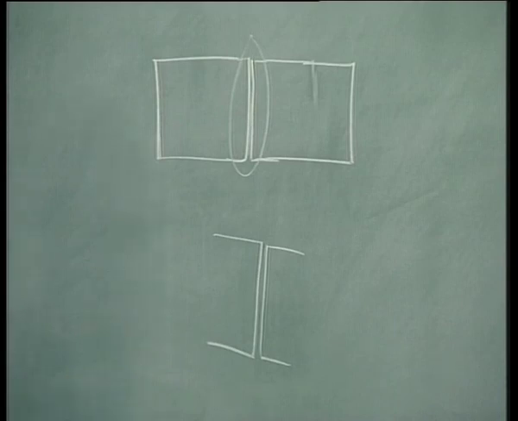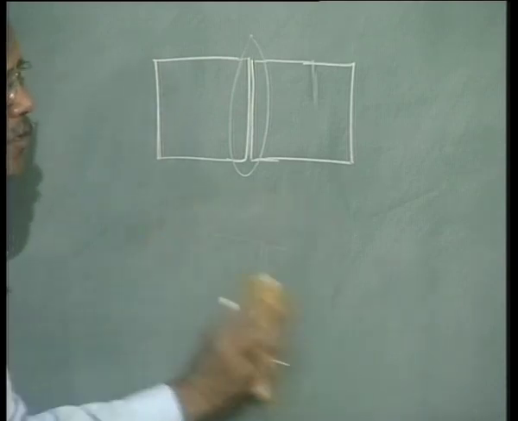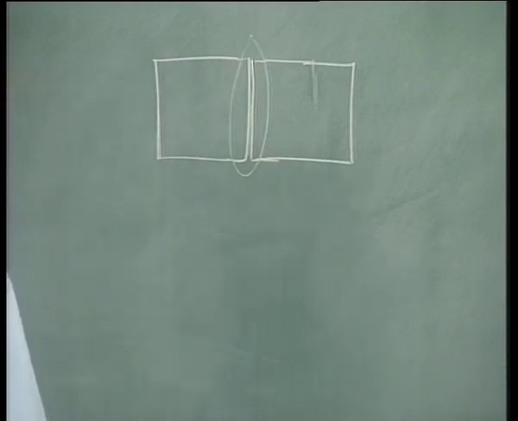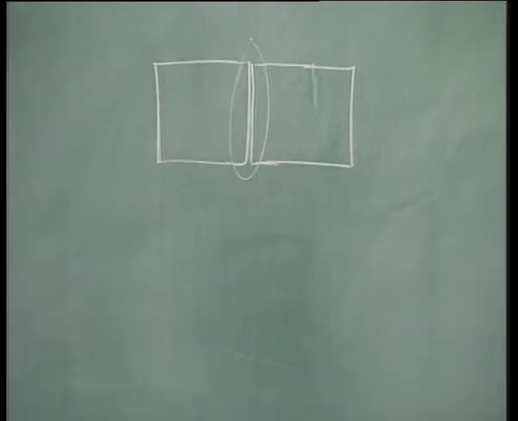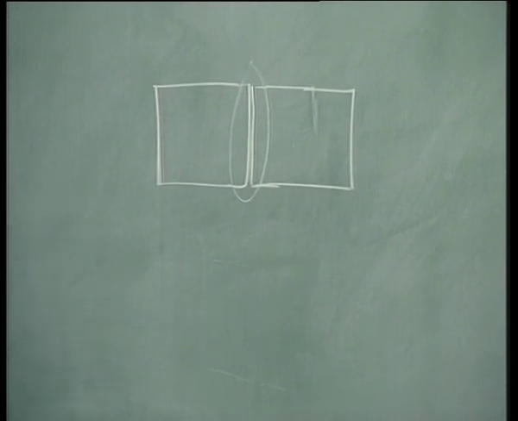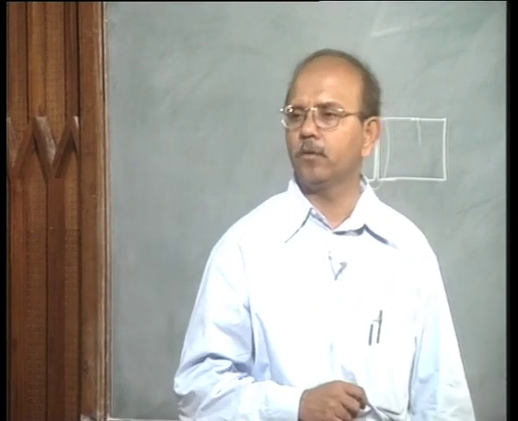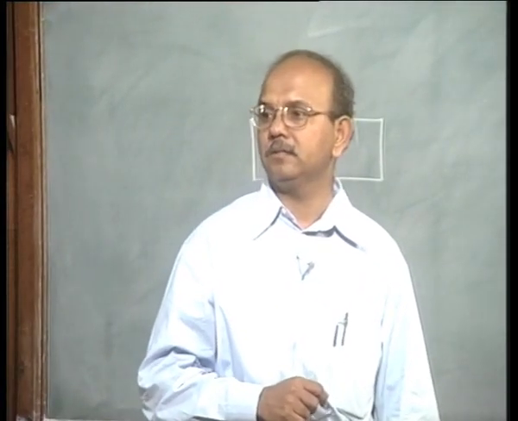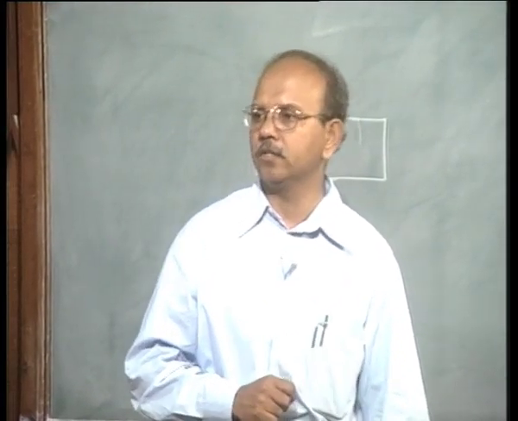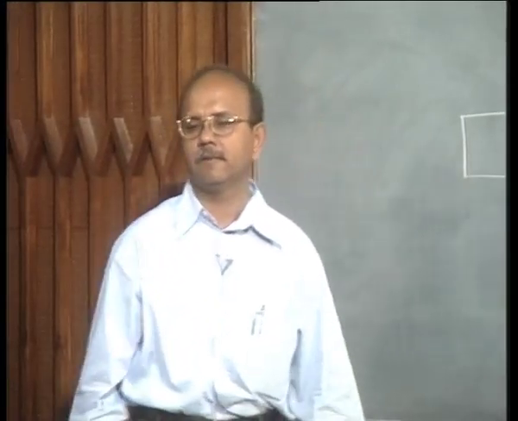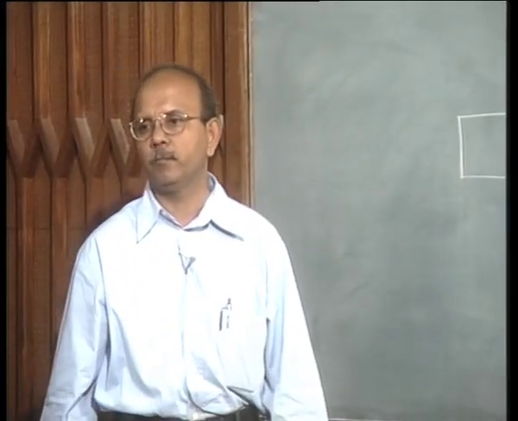Now I have to put boundary condition. We have discussed the thermal boundary condition. That did not look very difficult for us, right. But what about the other boundary condition for the mechanics problem? How am I going to put the mechanics boundary condition? Okay.